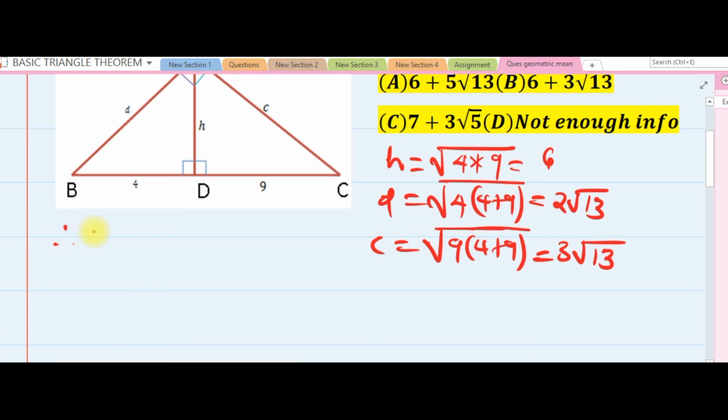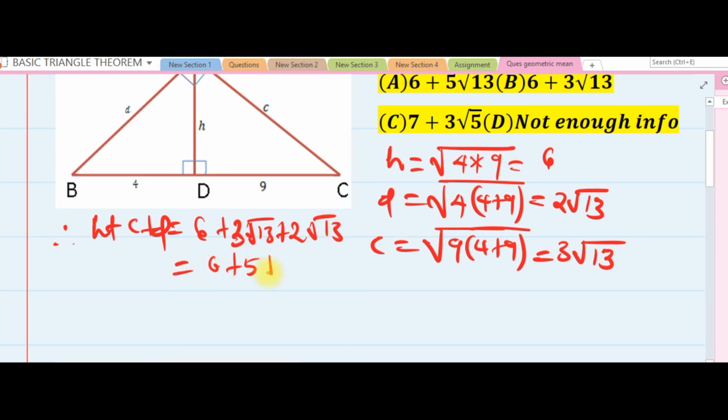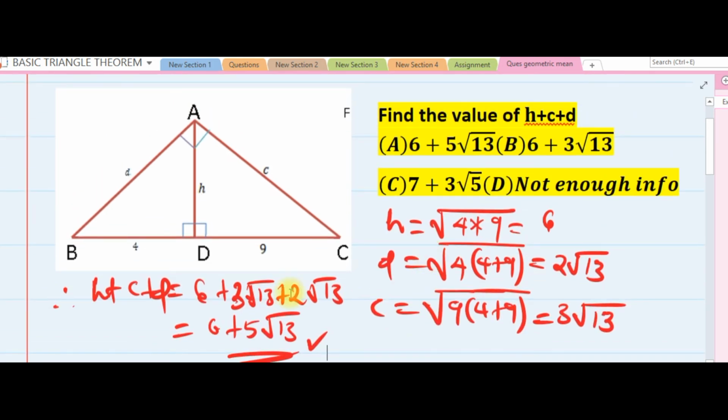Therefore, our answer h plus c plus d is 6 plus 3 root 13 plus 2 root 13. 3 plus 2 is 5, so we have 6 plus 5 root 13. So our answer is A.